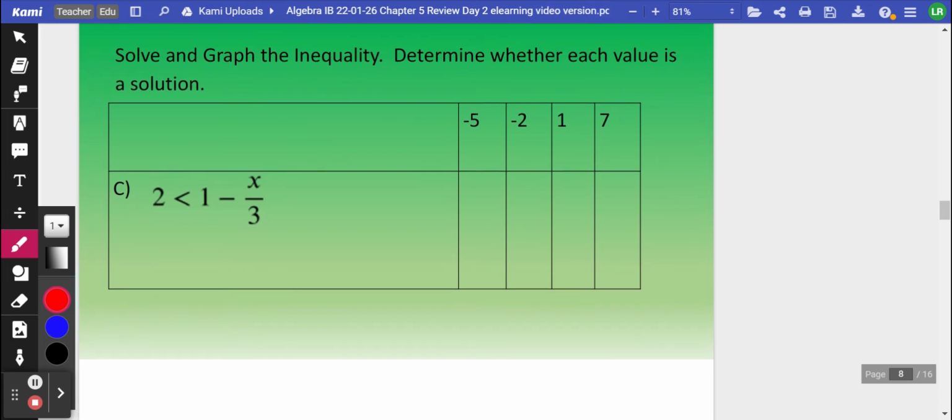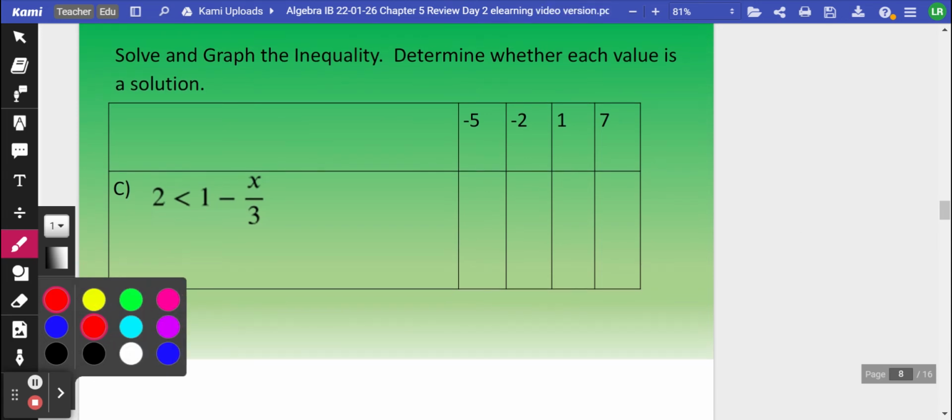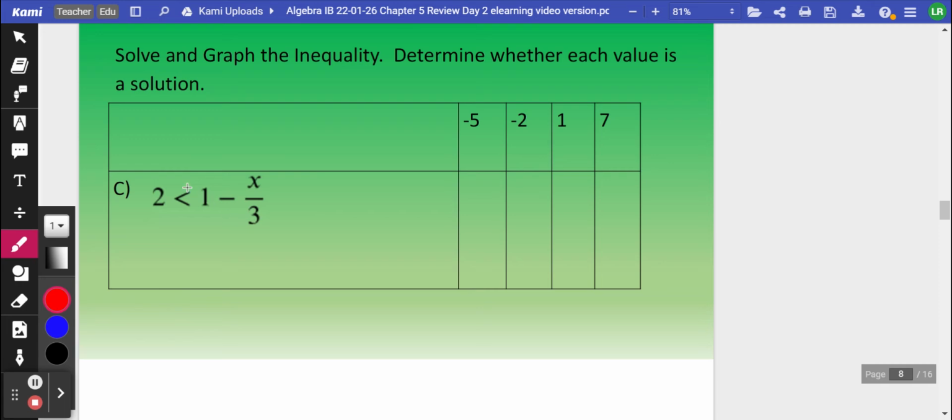Go ahead and pause the video and complete this third problem. All right. Now, I know this one historically gets missed, so let's pay careful attention to the different pieces. First, we solve it. X is on the right, move the 1. It's positive. So minus 1 on both sides. That's 0.